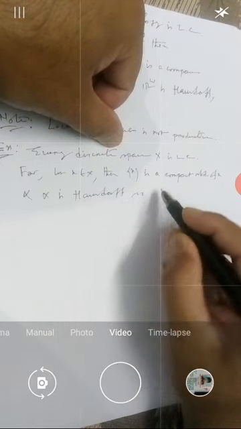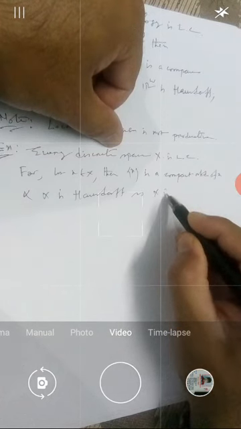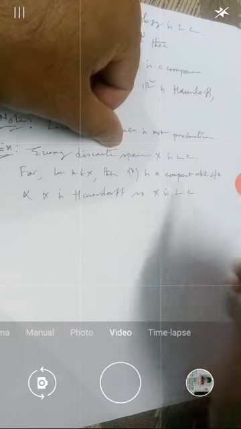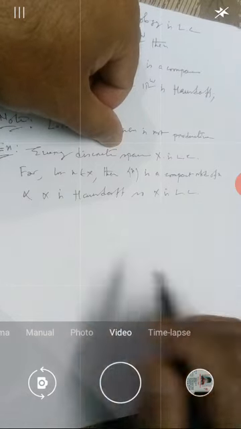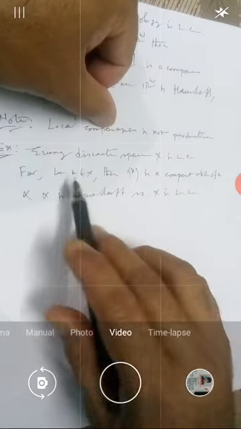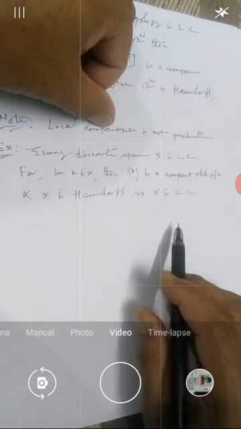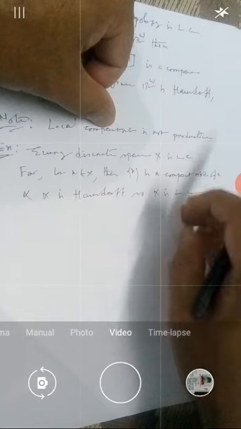Okay, so this X is locally compact by that single result that we proved a few minutes back. X is Hausdorff and every point has a compact neighborhood, so X is locally compact.